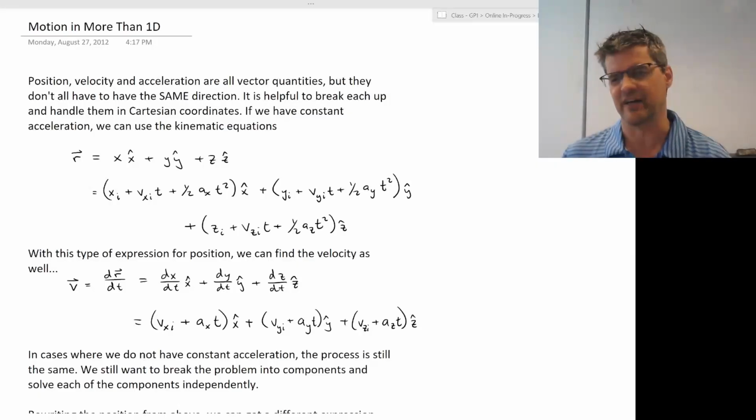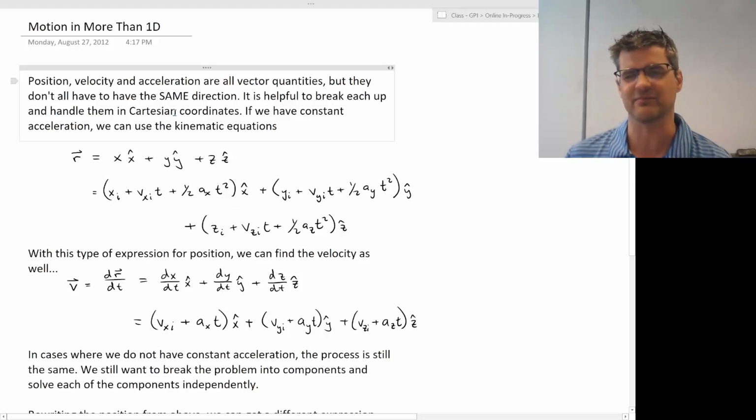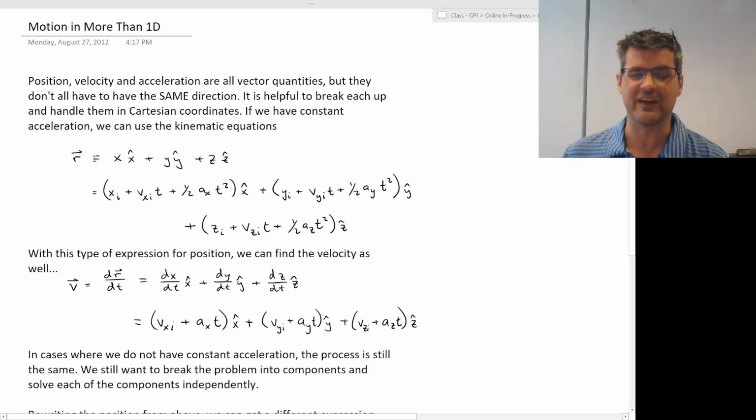Well, it turns out if we were going to look at the case of motion in 2D or 3D, what we really have to do is look at the position vector in 3-dimensional space.